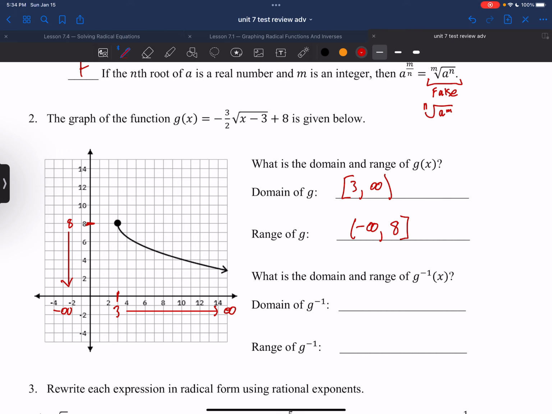Real quick, I want to remember, because one of the common mistakes I saw on our quiz in this unit was writing these intervals backwards. So do not write infinity to 3, okay? Don't do that. I might say right here, do not write 8 to negative infinity.